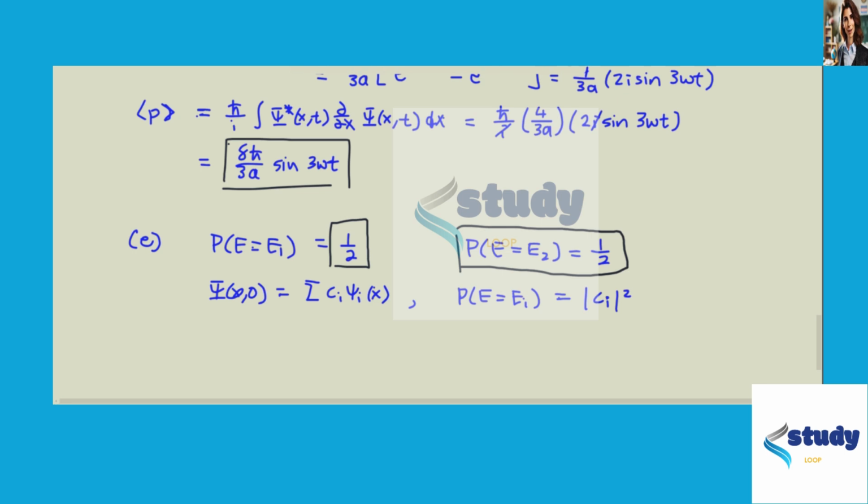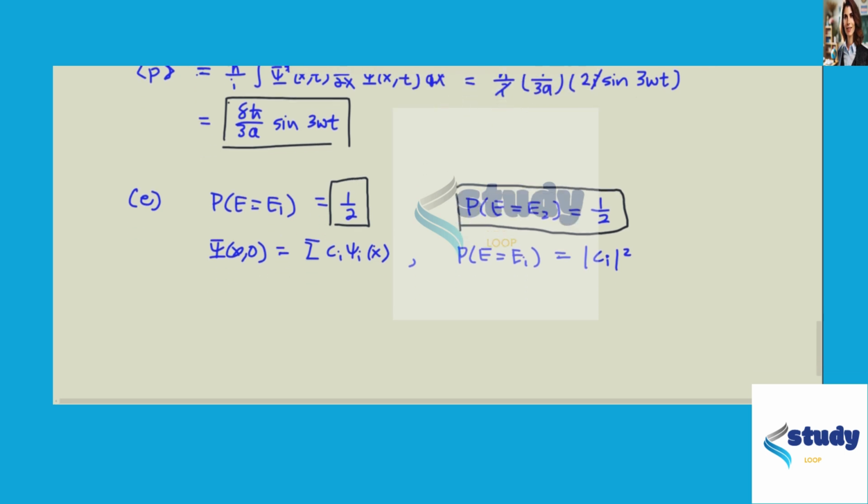Then you need to find the expectation value of the Hamiltonian. It is equal to the probability times the individual energy, summed up, so it's half E1 plus half E2. You know that E2 is 4 E1, so we have 5 over 2 E1.